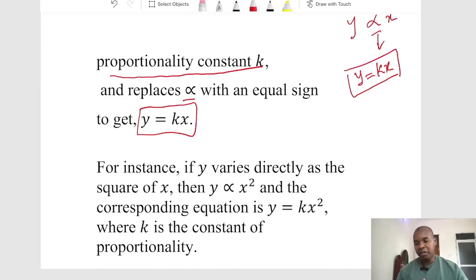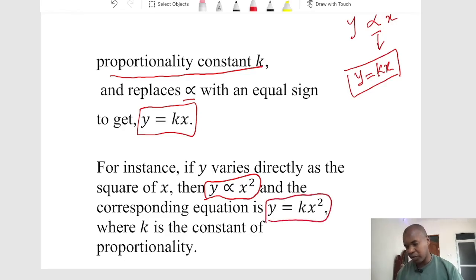For instance, if y varies directly as the square of x, then symbolically we are going to write it this way, that y is direct proportional to x squared, and the corresponding equation is going to be written as y equals kx squared, where k, again, is the constant of proportionality.